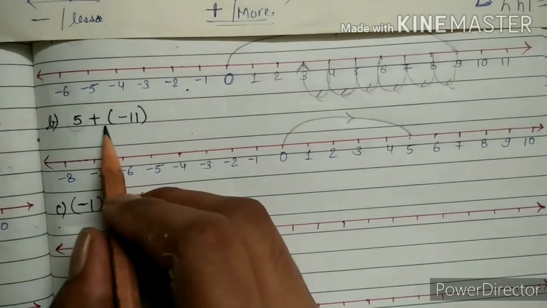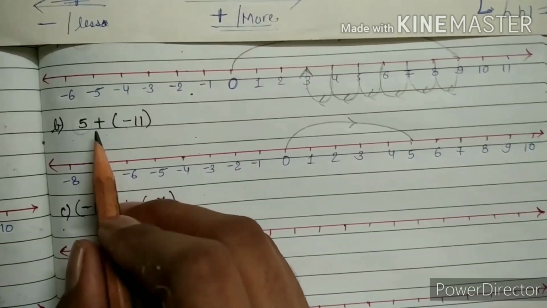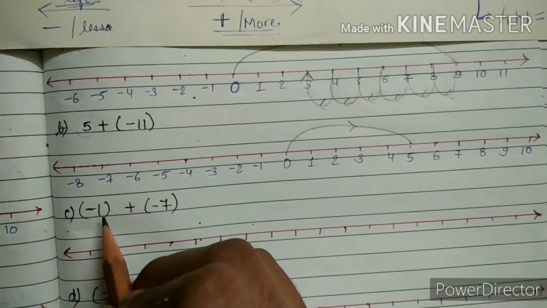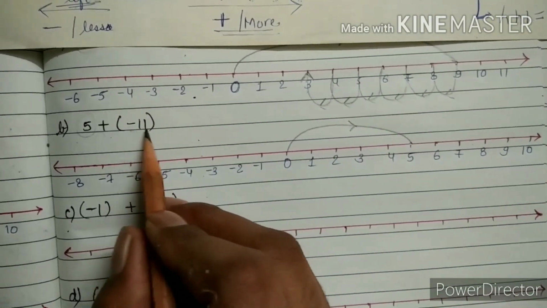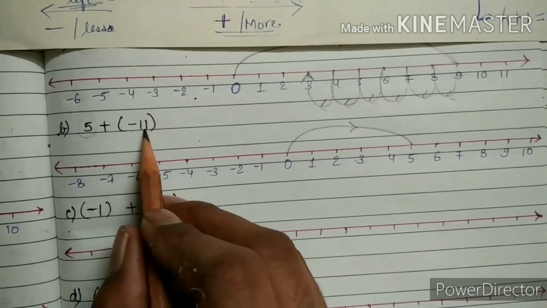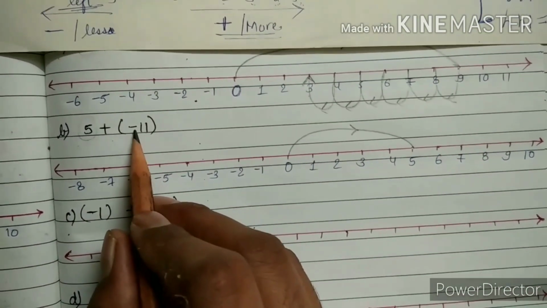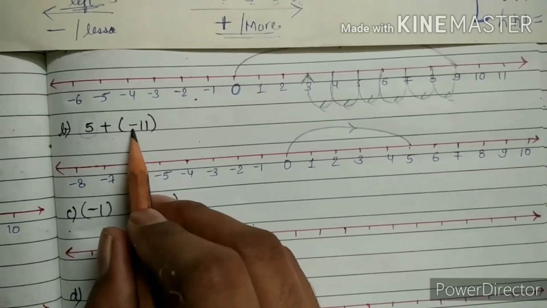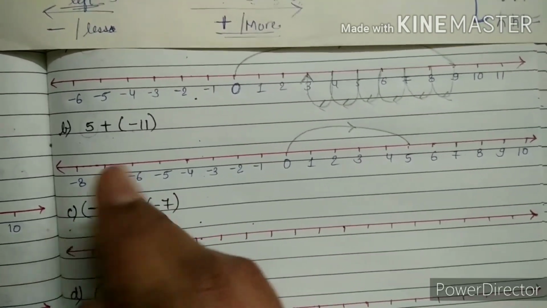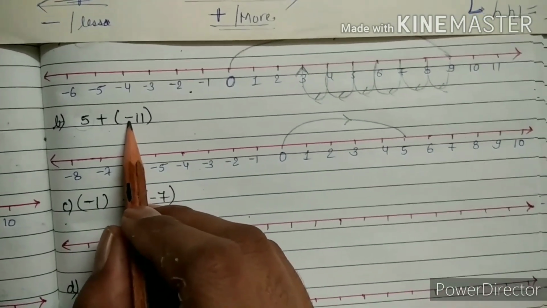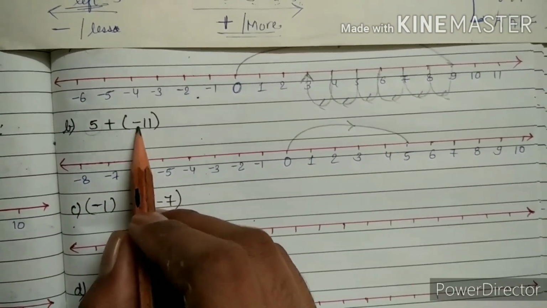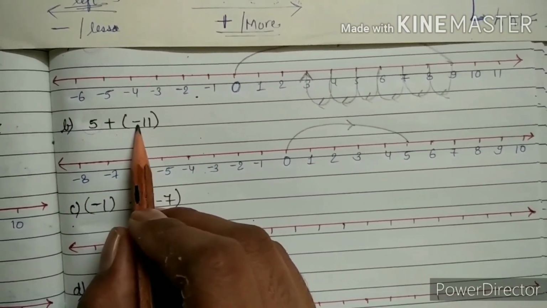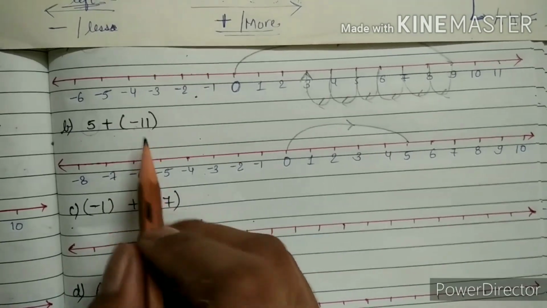Now we have to go plus. But inside the bracket we have negative 11. And the negative symbol is telling us to go on the left side. So we have to go on the left side. How many steps we have to take? We have to take 11 steps. So let's take 11 steps.